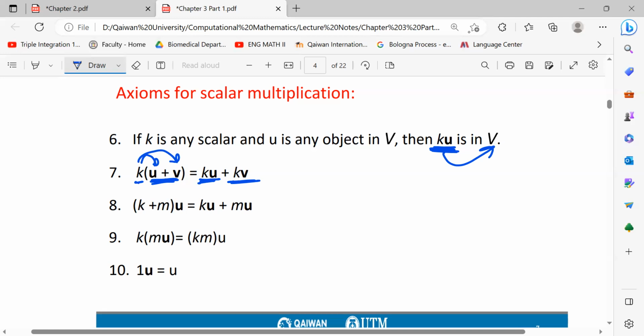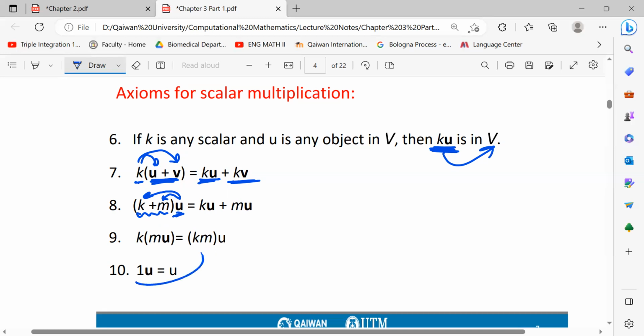Here, some of these are not true for some vectors. Okay, so if you have the sum of two real values multiplying u, it must equal u multiplied by each of these two real values. And if we have the multiplication of two scalars multiplied by a vector, it's okay if we enter one of the scalars into the vector.